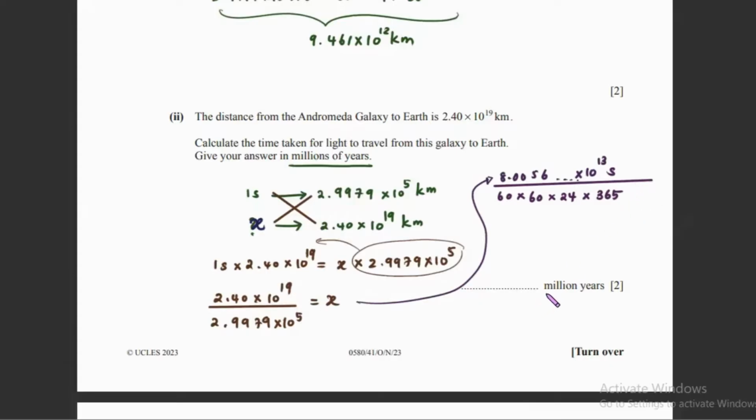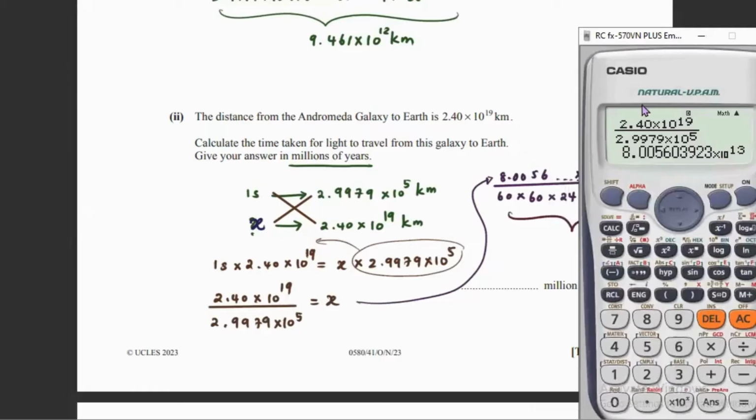But then we need to convert it into million years. So as I'm to convert it into million years, again, I need to divide this by a million, which is the same as 10 to the power 6. So I'm going to do this calculation. I'm going to do the division here and see what I end up getting. That will be the answer in million years.